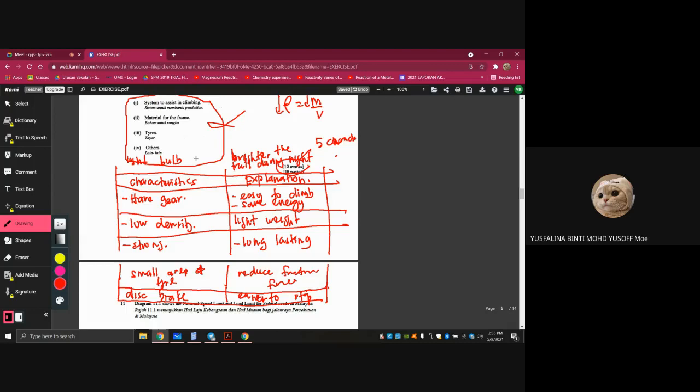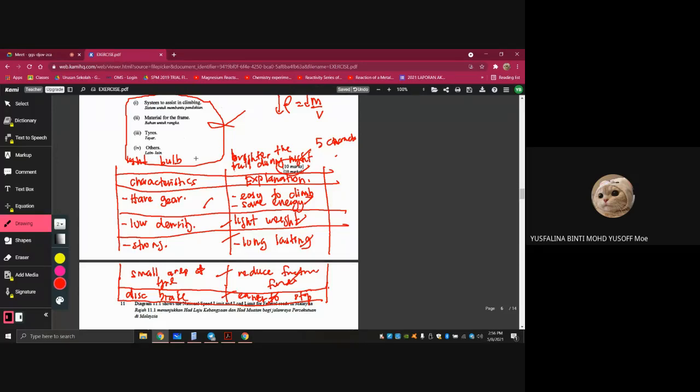Okay, so there's more than 5, right? So we already have 1, 2, 3, 4, 5, we already gave like 6. Okay, so if all correct, the maximum marks that you can get is 10. Some of you must ask, teacher, they say my characteristic is correct, but my explanation is wrong.